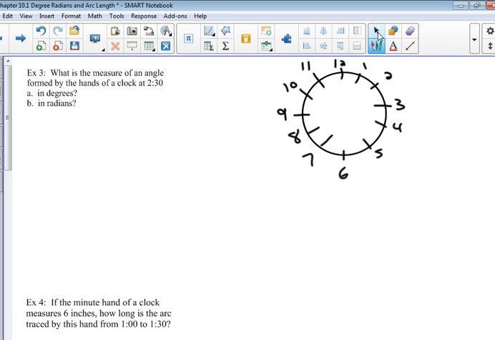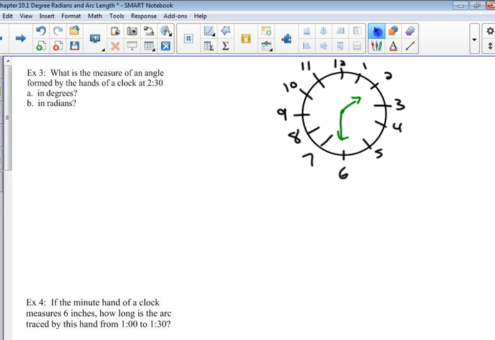At the 2. Okay, good, so there's your 2. Where's the minute hand? 6. Great. They were arguing with me because they said it should be a little bit more past the 2. I guess it does kind of move, you know what I mean? But when they say 2:30, they mean the hour hand and minute hand at those numbers. So don't read too much into these.